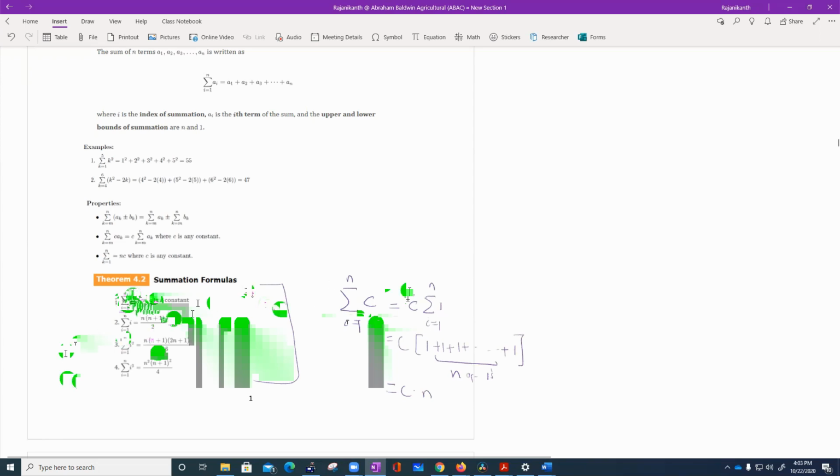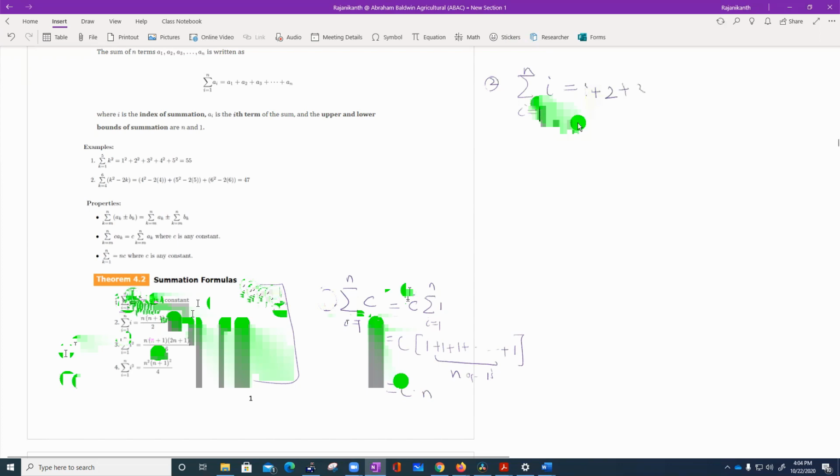This is rule number one. Rule number two says, if you run the summation for n times of i, what does that mean? If i is 1, you will get the first term, which is 1. Then you are adding the second term, i is 2.